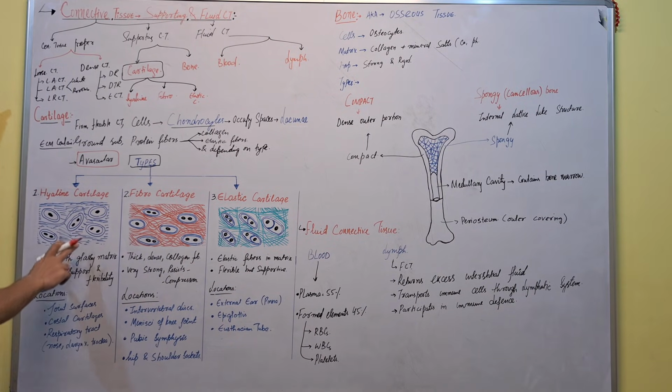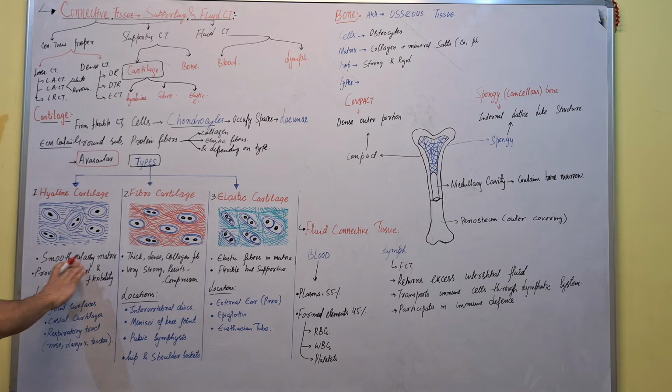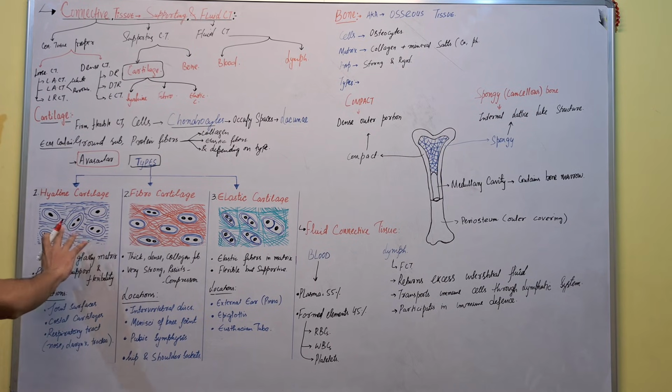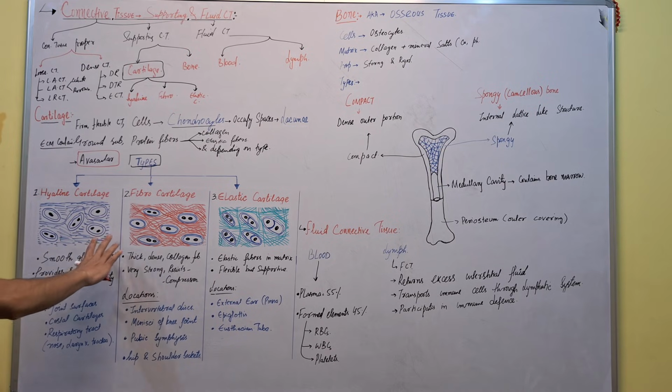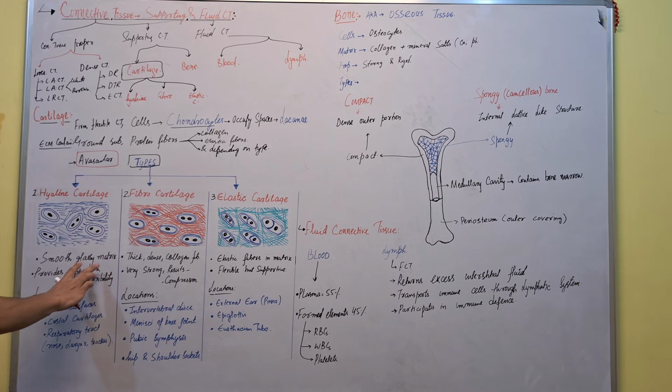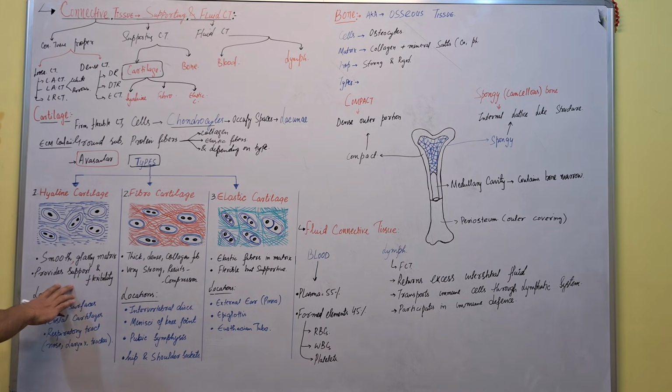If you look at this figure, you will see it is a smooth, glossy matrix that provides support and flexibility. You can clearly identify which type of cartilage it is based on the fibers present. In hyaline cartilage, there is a glossy matrix, a smooth appearance, and it provides support and flexibility.